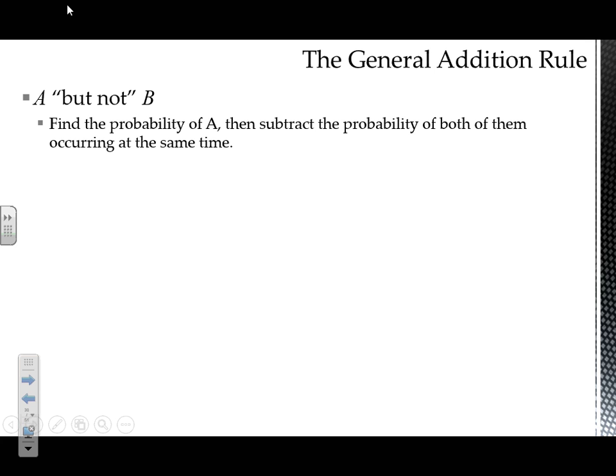What we're going to essentially do is take the probability that A happens, but we need to subtract out the probability that both occur at the same time. So if they're not disjoint events, that means there are some outcomes that work for both A and B. Well, if we only want outcomes that work specifically for A, but we don't want outcomes that work for B, we want the outcomes in A minus any outcomes that also work for B.